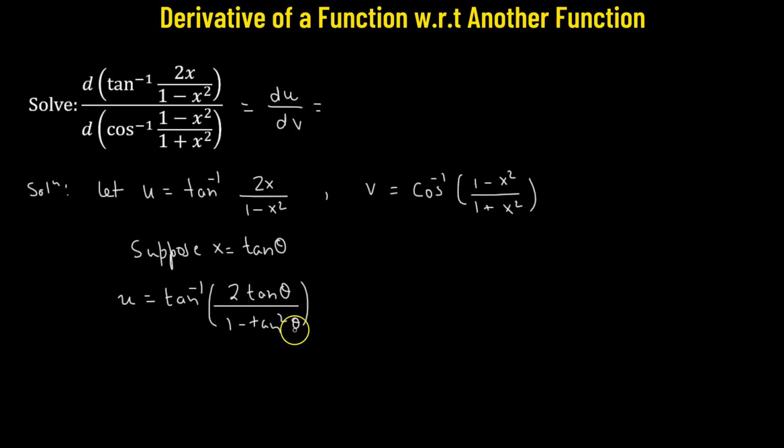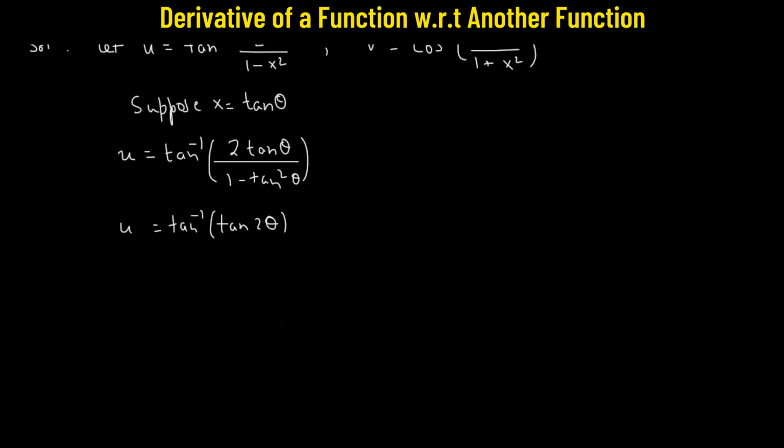Now 2 times tangent of theta over 1 minus tangent squared theta is actually tangent inverse of tangent of 2 theta. Here we have used an identity. That means if we have tangent of a plus b, that will be equal to tangent of a plus tangent of b divided by 1 minus tangent of a multiplied by tangent of b.